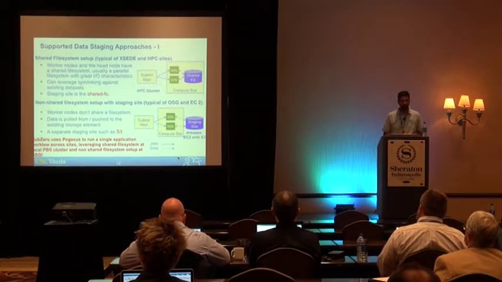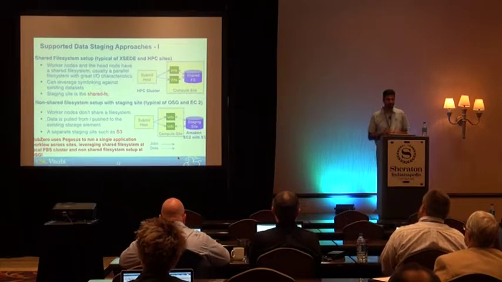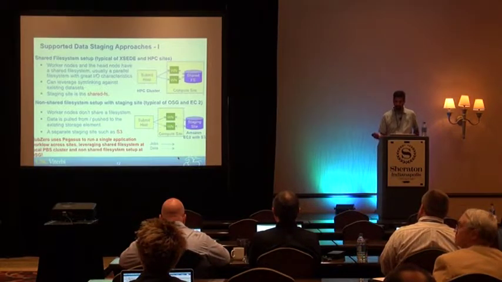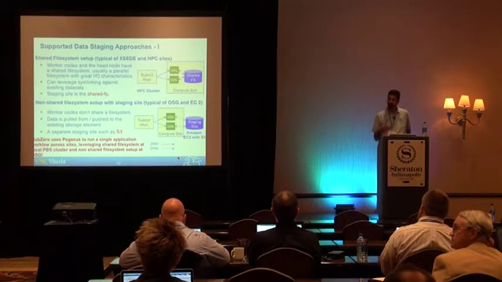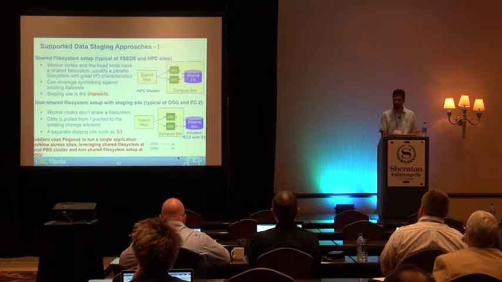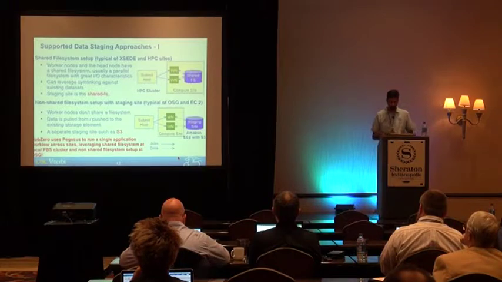For example, the most canonical high-performance computing case is a shared file system setup. For example, you want to run your pipeline on a Rossmann cluster. There's a shared file system. Worker nodes and the head node have a parallel file system with great I/O characteristics. So in that case, we can leverage the notion of symlinking against existing data sets which already reside on your cluster so as to prevent multiple copies for the job.